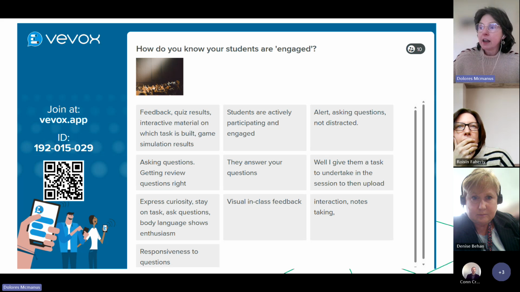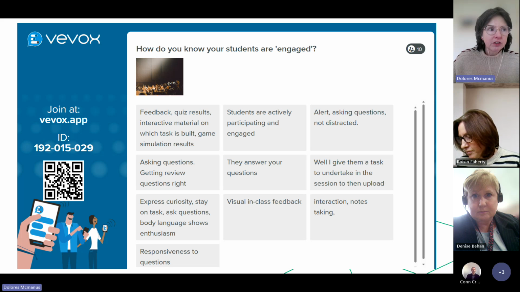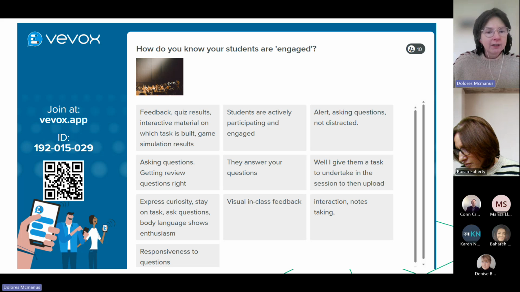And I really like the eye contact piece as well, and the responding with nods that you mentioned today, because I do think that's valuable. Students just indicating to you that they're actively listening, and a very simple way of gauging if they're actively listening is that eye contact and nodding piece.